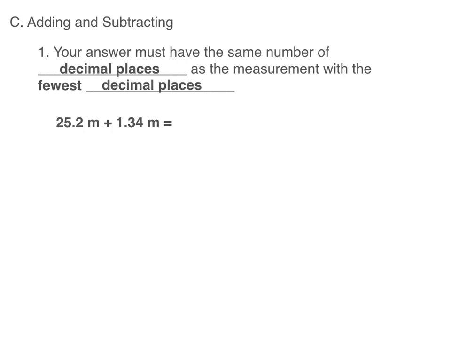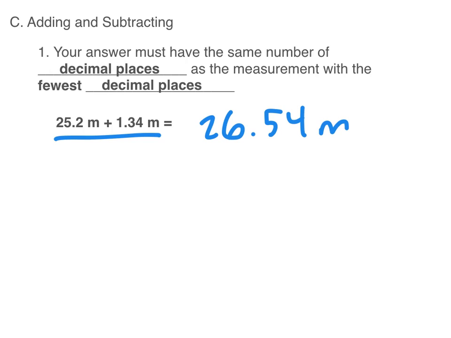So get out a calculator. I'm not even joking. Get out your actual real calculator and plug this simple math problem into it. 25.2 plus 1.34. What does your calculator say the answer is? It says 26.54. These are meters, so I need to make sure that I have a unit in my answer. This is wrong.